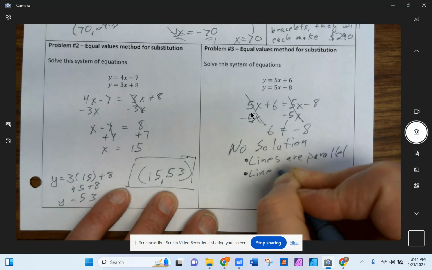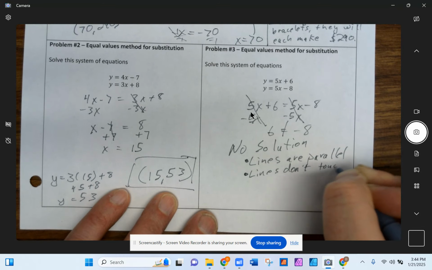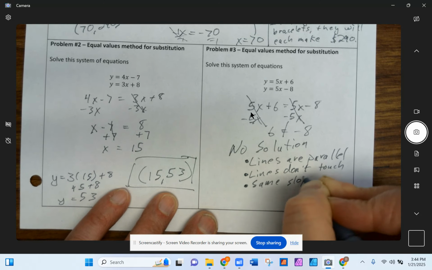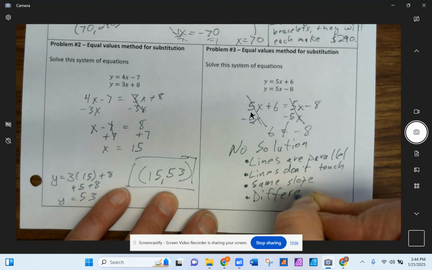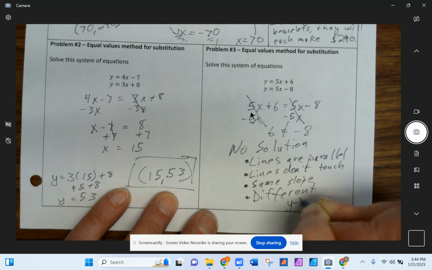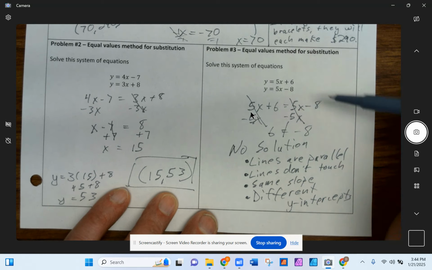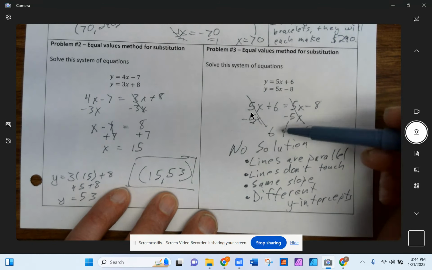Lines don't touch. That's basically the definition of being parallel. They have the same slope and different y-intercepts, right? So when you see that combination of same slope, different y-intercepts, you know that it's going to be parallel, so there's going to be no solution.